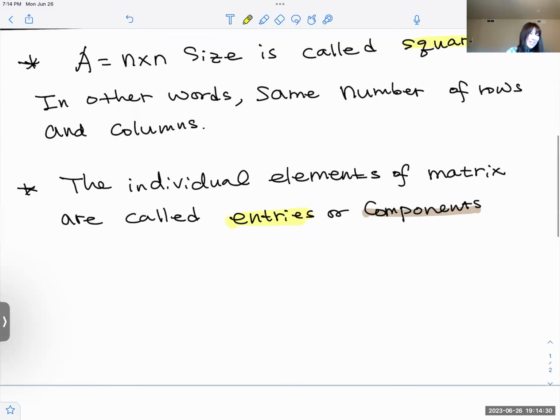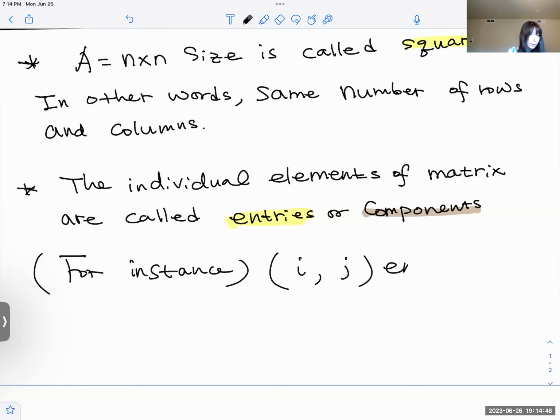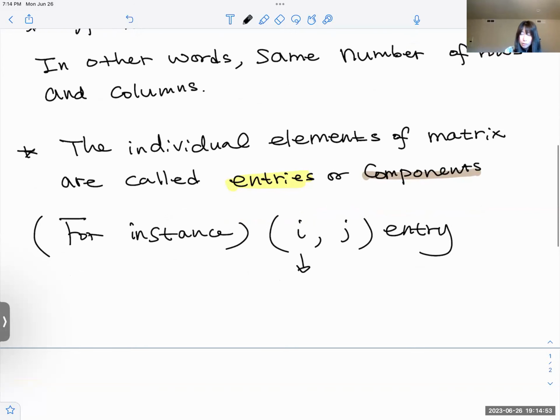Okay, we have ij entries. The first one, i, is the row, and j is the column, right?